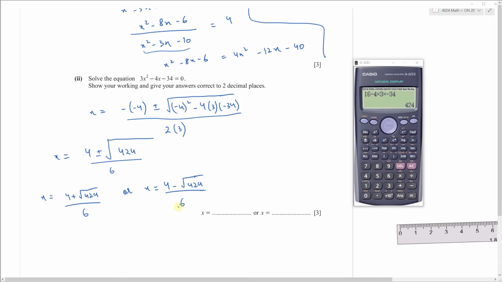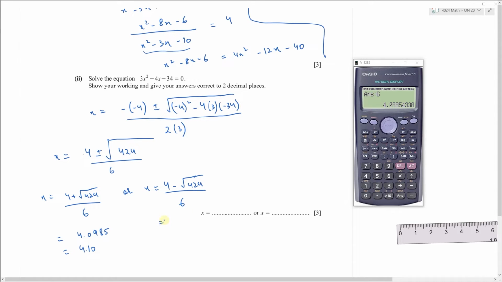So let's calculate these. 4 plus square root of 424 divided by 6. This is 4.0985 and this is 4.10 up to 3 significant figures.